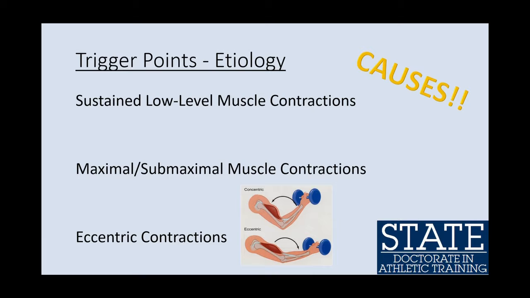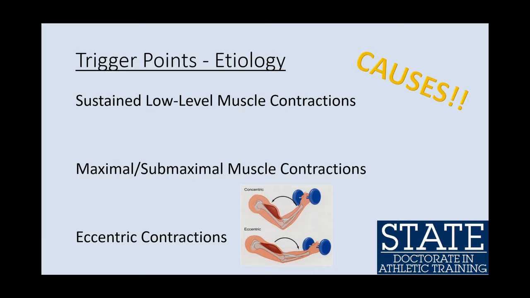The next one is maximal or submaximal muscle contractions. As you can imagine, this incorporates a high amount of energy, or ATP, that's needed to sustain these contractions. If the contraction force is high enough, the demands of the exercise or the activity will exceed the ability of the muscle cells to generate enough ATP.